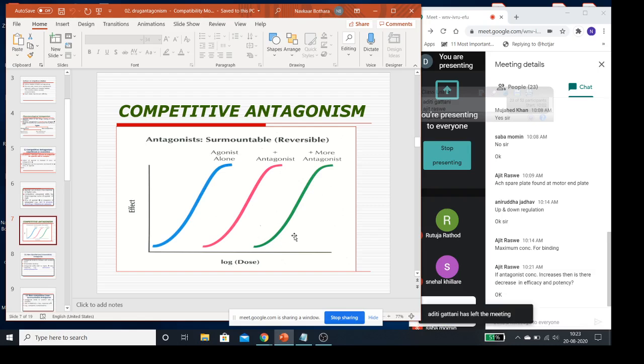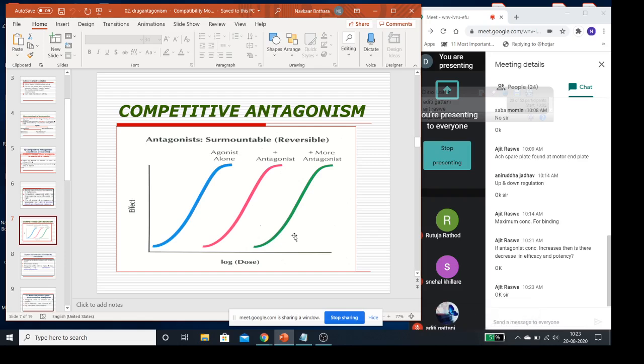Here efficacy has not changed, but you can see that we have to increase the dose, so potency has apparently reduced. Actually it is not a reduction of potency; to displace the antagonist you need more and more agonist. More agonist molecules can pull out the antagonist and sit on the receptor. So this is how these are acting.